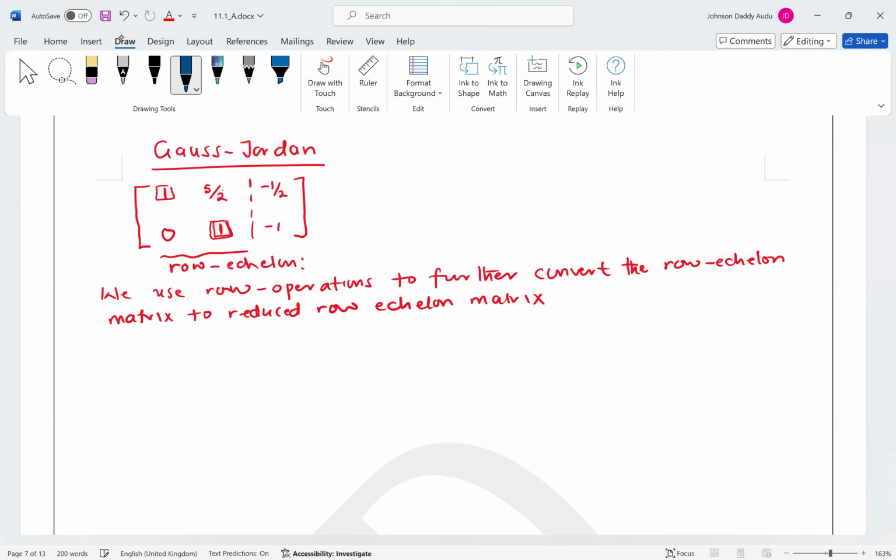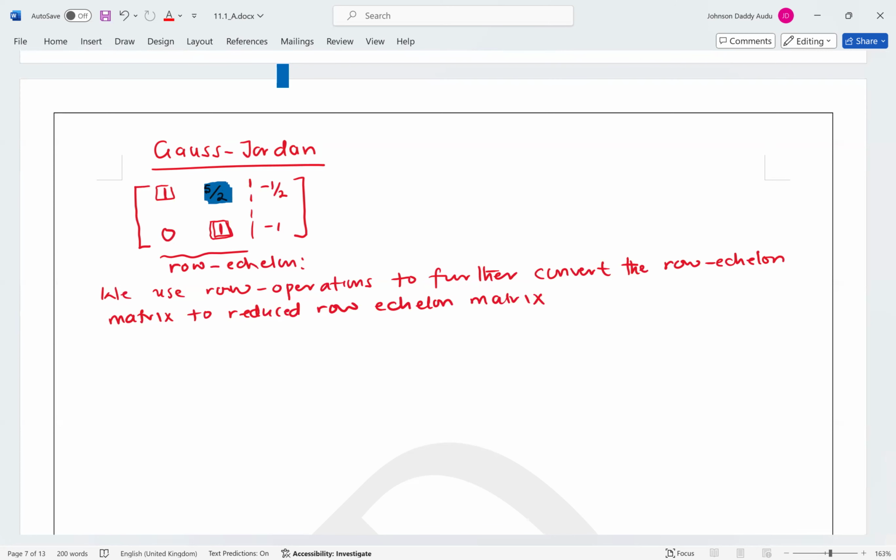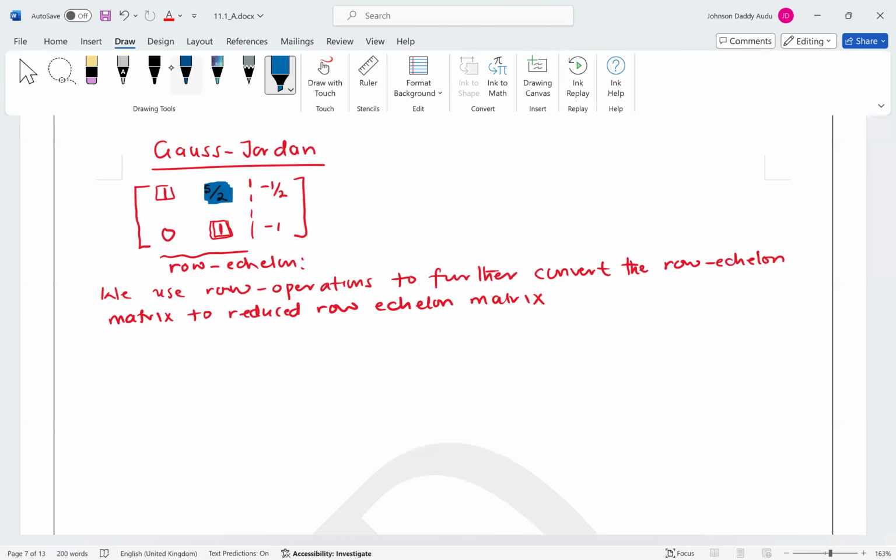We want this one to go to 0, because if this goes to 0, then it becomes reduced row echelon. So how do we do that? Simply still by row operations.